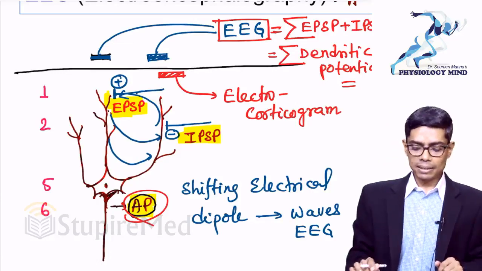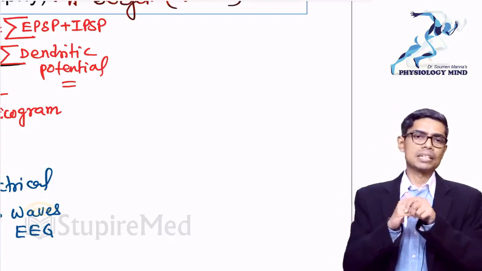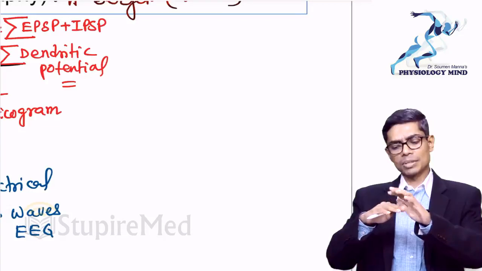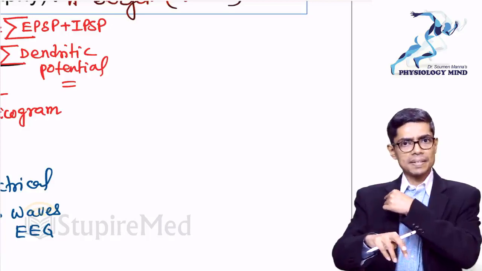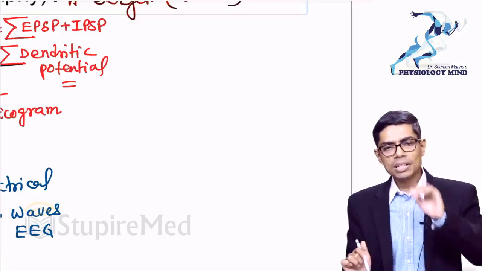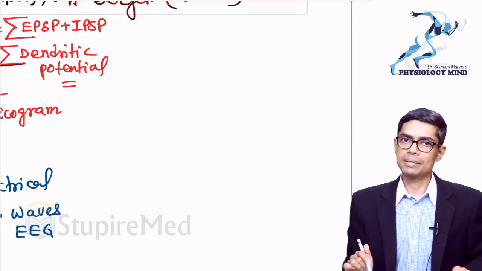On the other hand, if I stimulate a particular sensory neuron in any part of your body, suppose I am giving a pain stimulation here, we know this neuron will carry this sensation up to the level of the somatosensory cortex, and the somatosensory cortex will be stimulated. Can I record this voltage? Answer is yes.